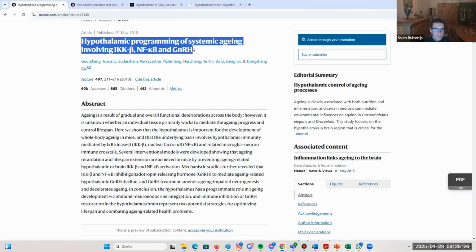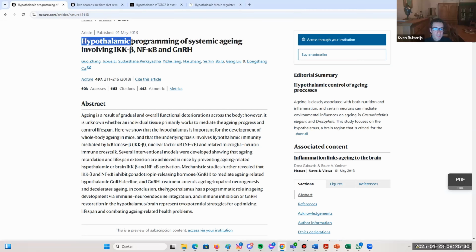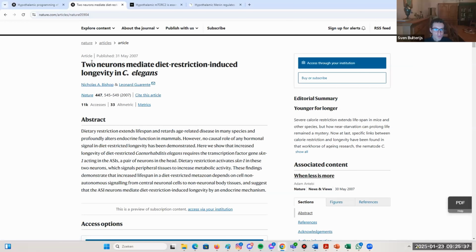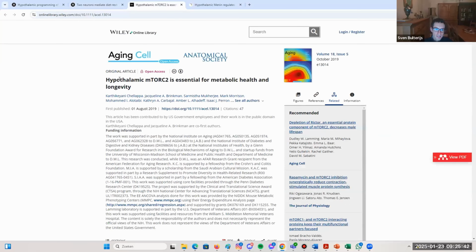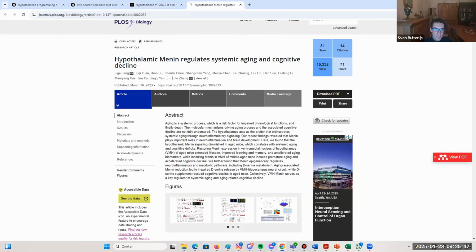So here, this was one example of a paper where they found that specifically within the hypothalamus, systemic aging was being coordinated. Here it's in C. elegans, 2 neurons that mediate dietary restriction-induced longevity. Here is again in the hypothalamus, mTORC2 controls metabolic health and longevity.